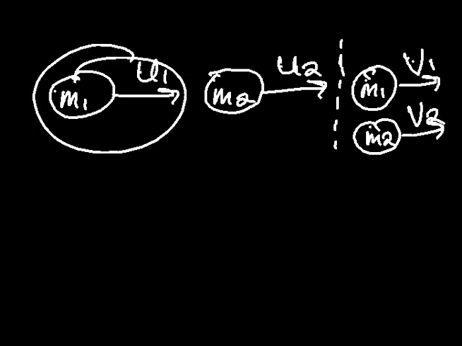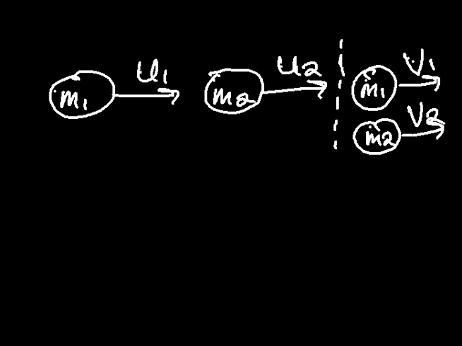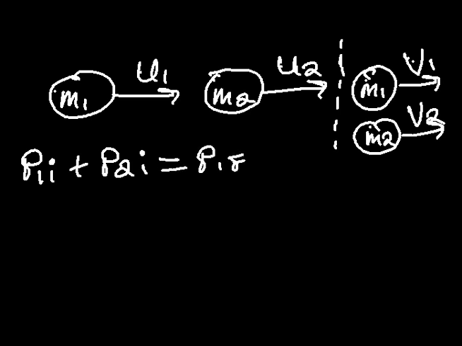Object 1 has initial momentum p1i, plus p2i, the initial momentum for object 2, which is the same as p1f, the final momentum for object 1, plus p2f, the final momentum for object 2. In all cases, momentum is conserved.